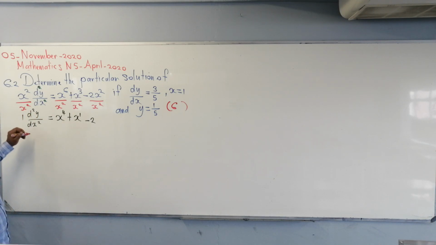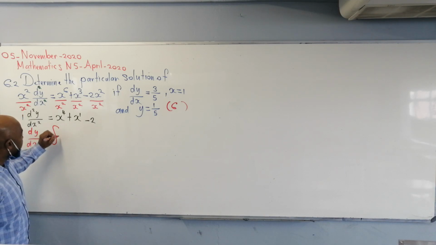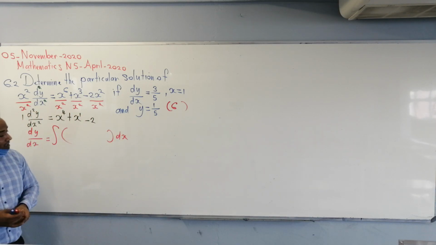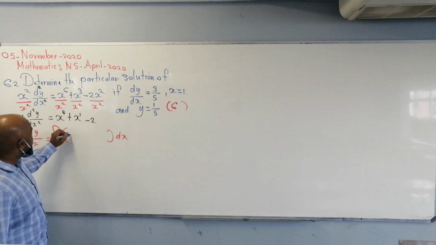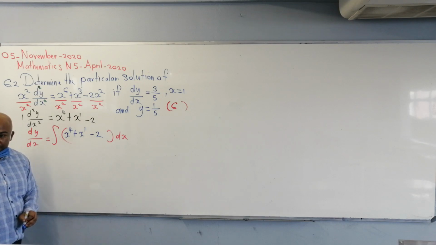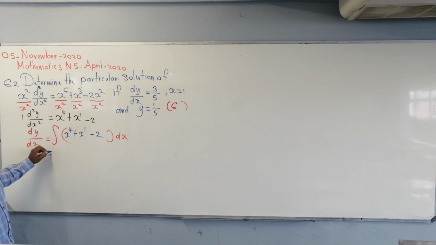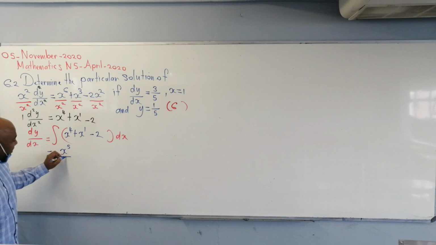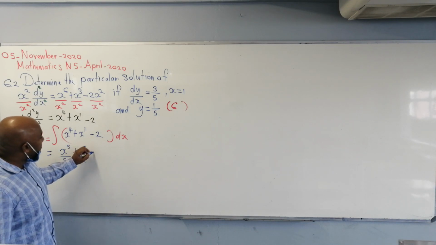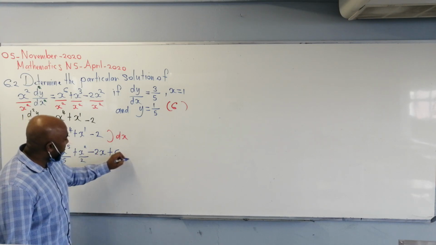At the moment it's the second derivative, so to go from the second to the first derivative, I need to integrate what I have. So I need to integrate x to the power 4 plus x to the power 1 minus 2. So when I integrate this will be x to the power 5 over 5 plus x to the power 2 over 2 minus 2x plus c.